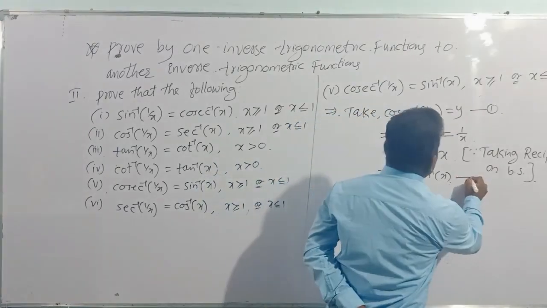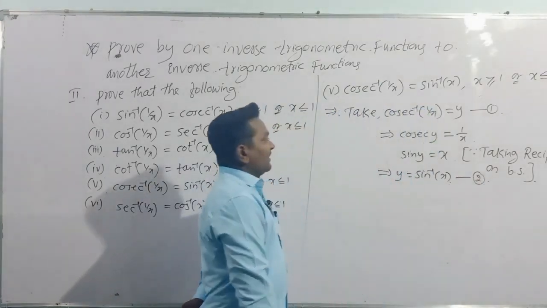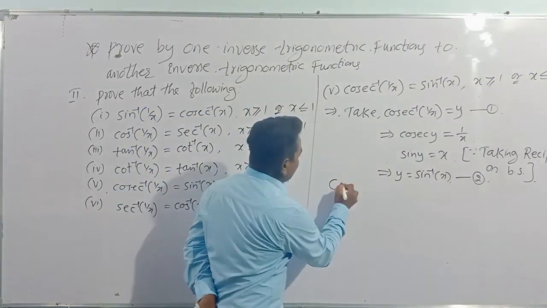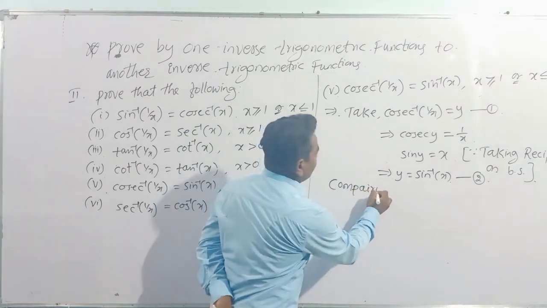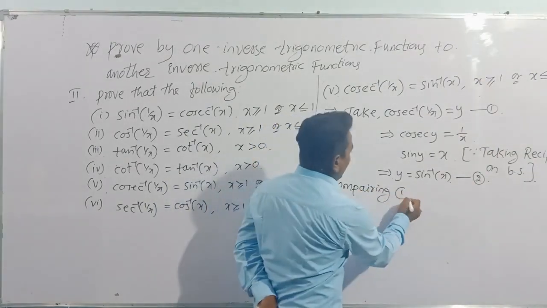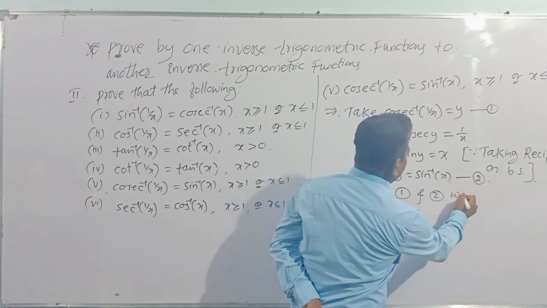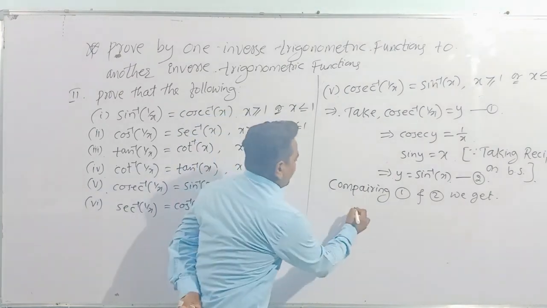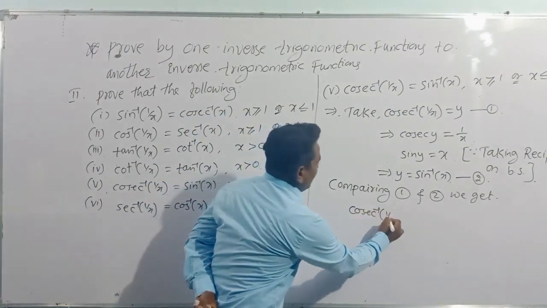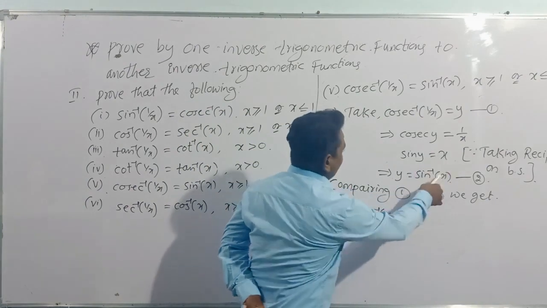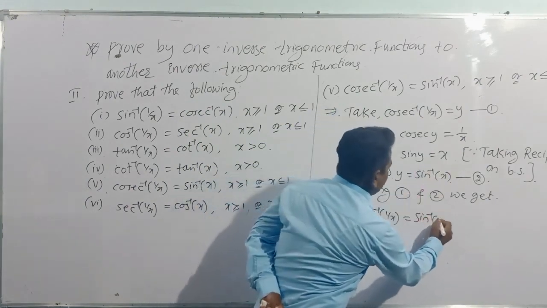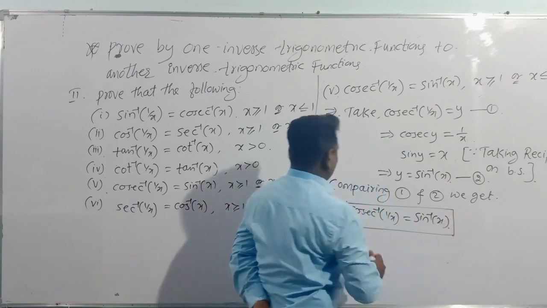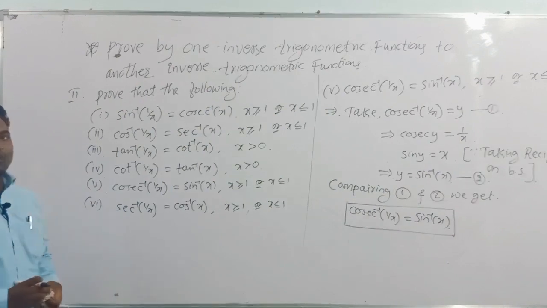Now take it as equation number 2. Comparing equations 1 and 2, we get cosec inverse 1 by x is equal to sin inverse x. This is the proof of fifth property.